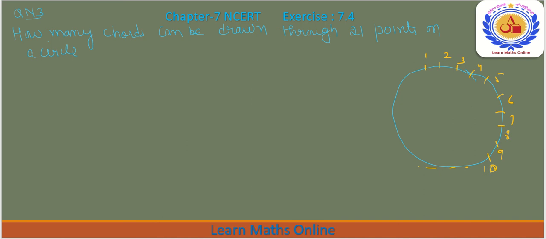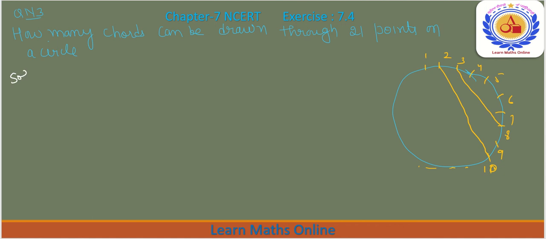In this way 21 points are there on the boundary of the circle. So what is a chord? Just a combination of any 2 points. So in an indirect way we are to find the number of combinations of 2 points out of 21 points.